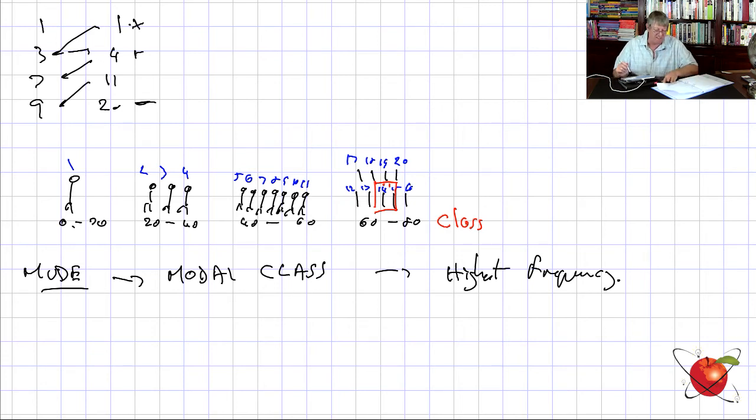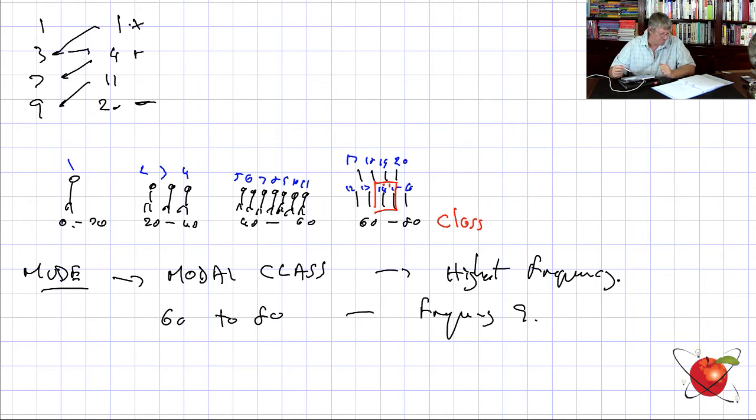Your modal class is going to be 60 to 80 as well, and the frequency is going to be equal to 9. That's where the most people are. We can no longer give a number; we've got to give a class for each one.